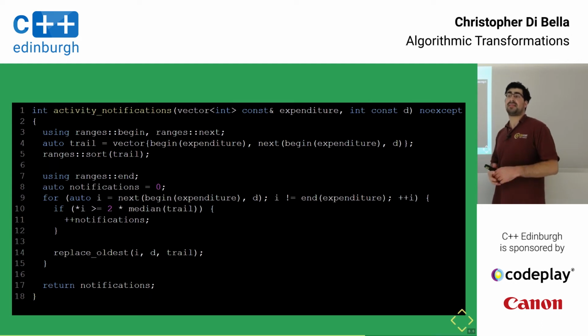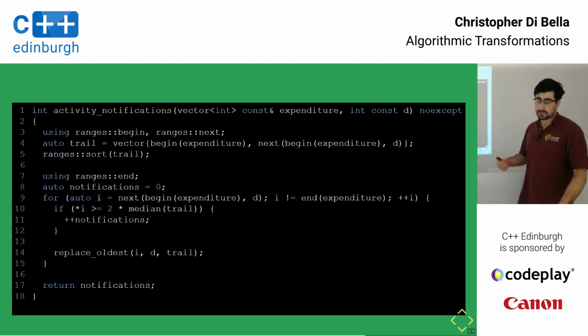So we're going to start at the 10th day of our transaction history that we're going to be looking through for triggering alerts, and we're going to work our way all the way to the end of the history that we have, and then we're going to check to see if our current value is more than double the median, and if it is, then we issue a notification. We then add the current day to the oldest sequence of days and remove the oldest day, and continue on until there are no more days.